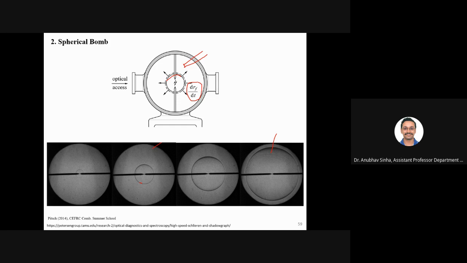R_f is basically the flame front. So if I have that data, can I obtain flame speed using this dr by dt? Yes, you people are sleeping or what? Sir, dr by dt will be the flame speed.